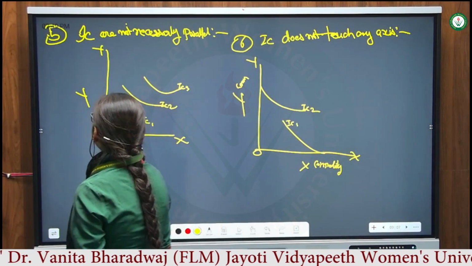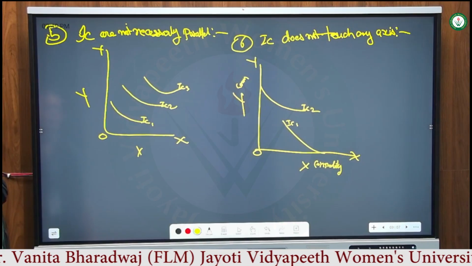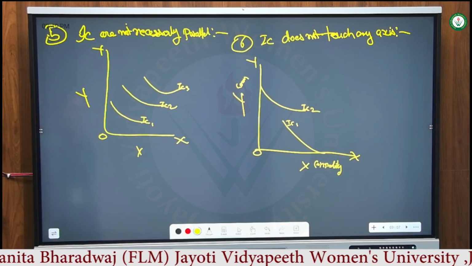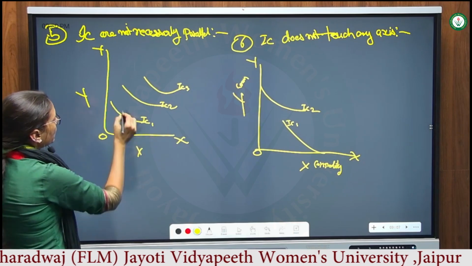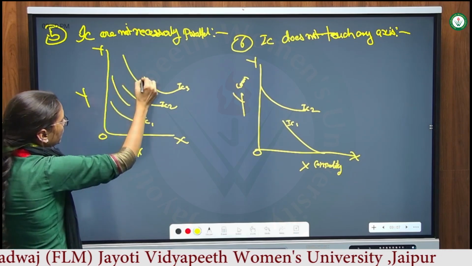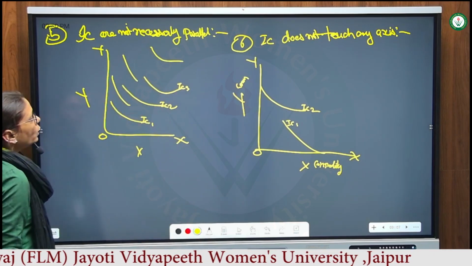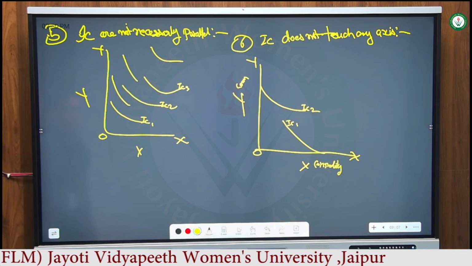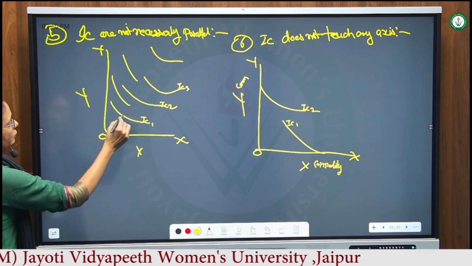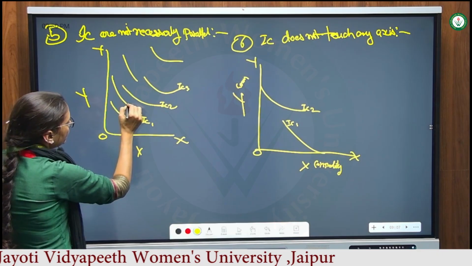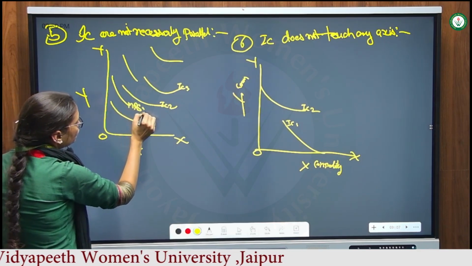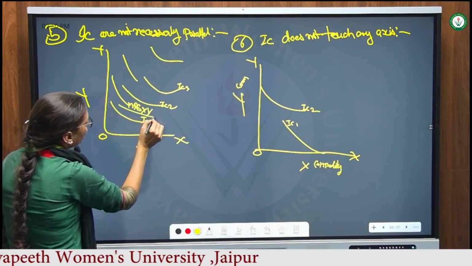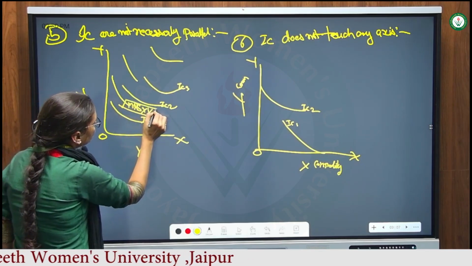Moving on to the next point: indifference curves are not necessarily parallel. Indifference curves are never parallel to each other. They may be here, here or here. It all depends on the quantity and yield level of satisfaction and the different levels of marginal rate of substitution from x to y, because the marginal rate of substitution is not equal.